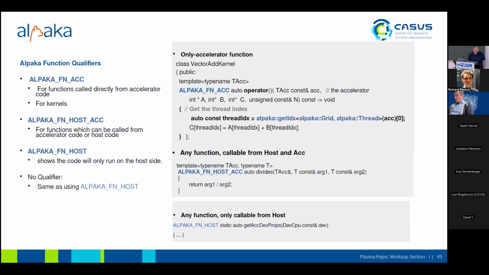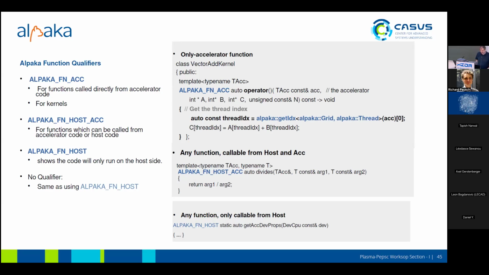We have alpaka function qualifiers, and for functions called directly from accelerator code, we use the alpaka FN ACC function qualifier. If it's going to be a function which is callable from host or ACC, then we can use the alpaka function host underscore ACC qualifier.